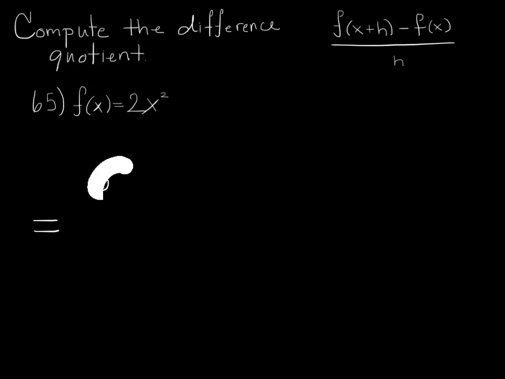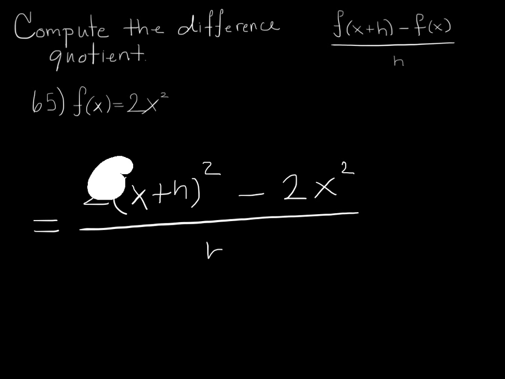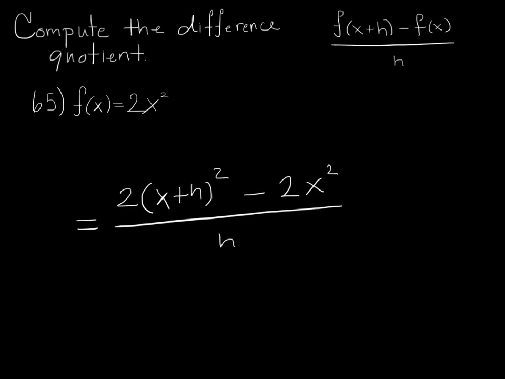equals 2 times x plus h squared, minus f of x, which is 2x squared, all over h. And we're going to simplify this.